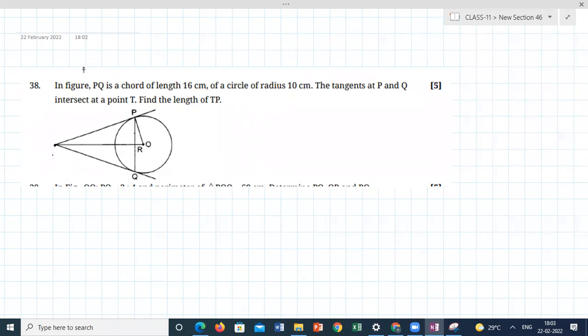Intersection point of both the tangents is T. This is the point T. They are asking us to calculate the length of the tangent. They give the chord length and we give the radius. I hope it is easy. You have to try.